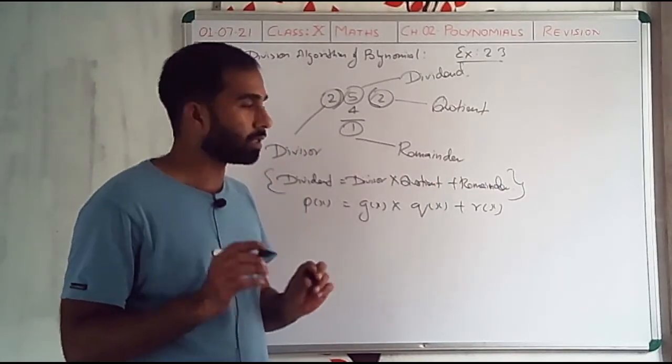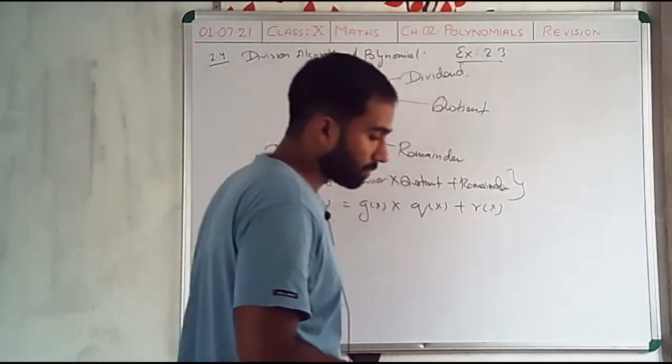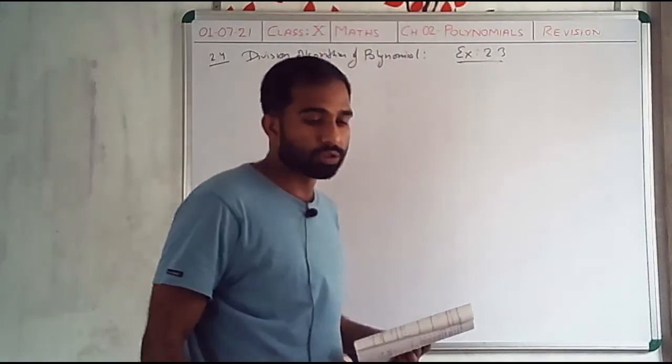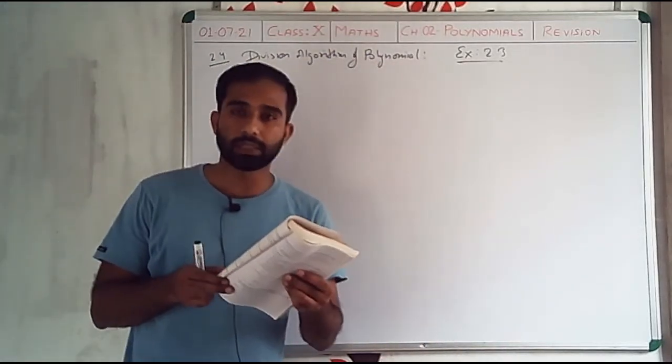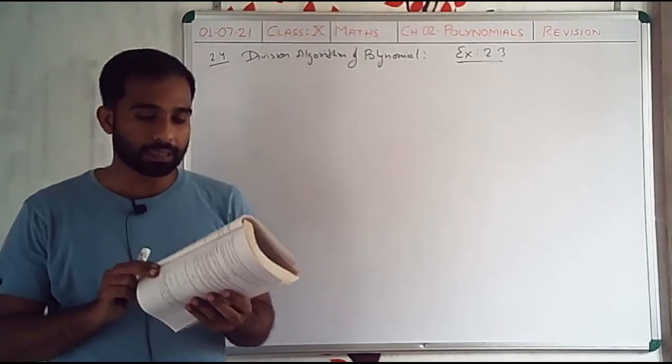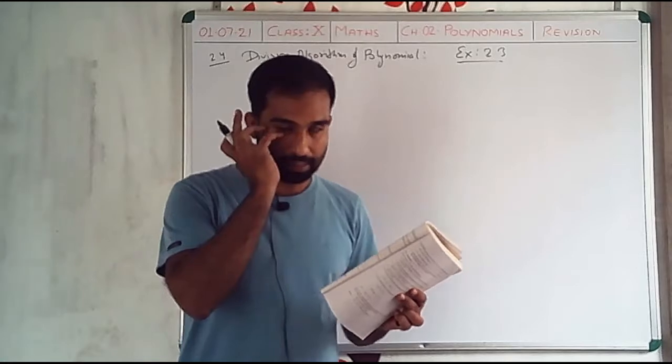I hope you understood. Now question number 1 says divide the polynomial p(x) by the polynomial g(x) and find the quotient and the remainder in each of the following, of exercise 2.3.